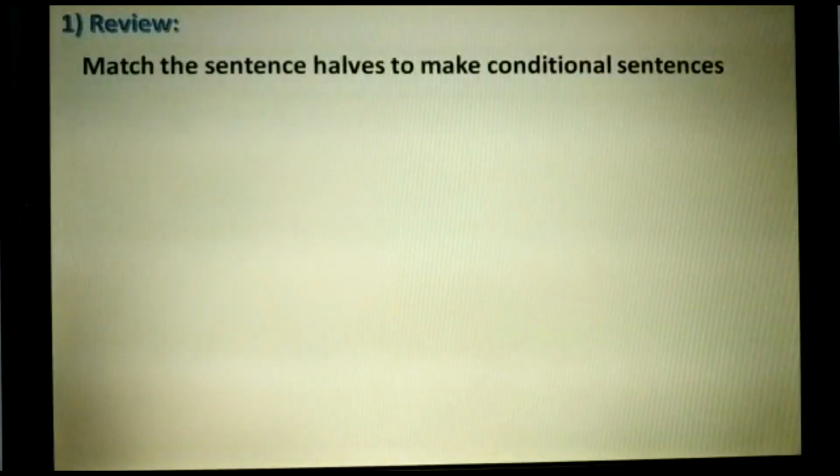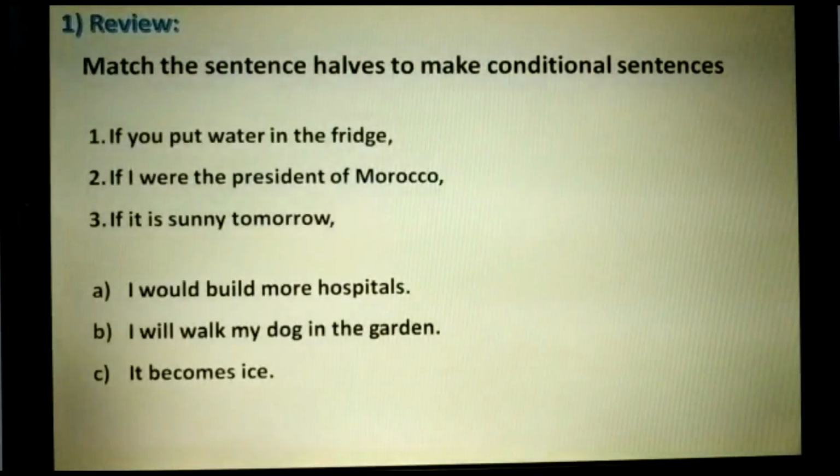So let us now make a very brief review concerning conditional type 0, 1, and 2. Here are some given if clauses that I would like you to match up with their appropriate main clauses. Sentence number 1.